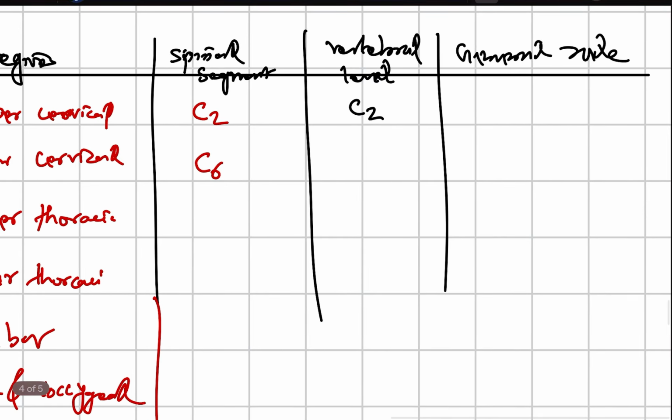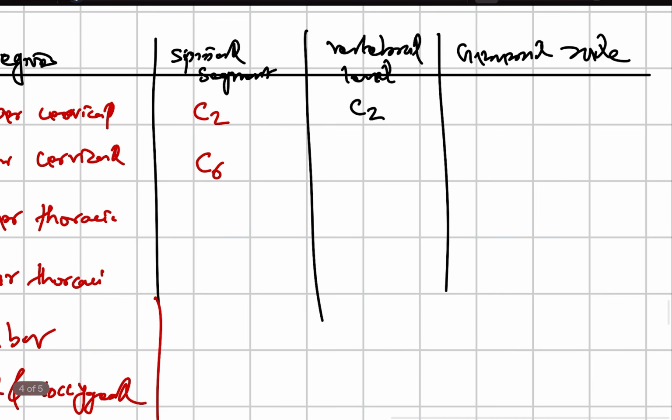But for the lower cervical there is a decrease by one: segment C6 lies at vertebral level C5. So the upper ones are at the same level, and these are decreased by one. In the general rule, we can write: same level, then a decrease by one, so one vertebra above.